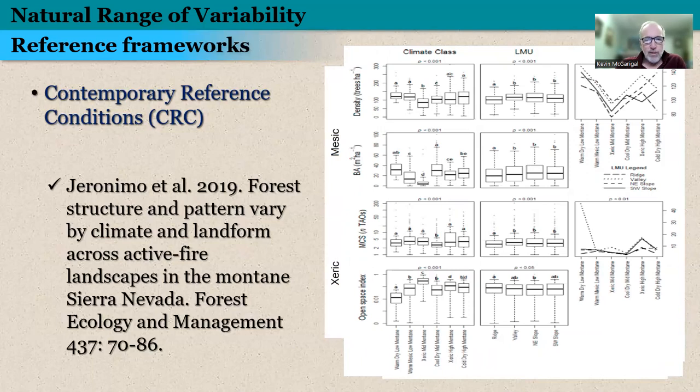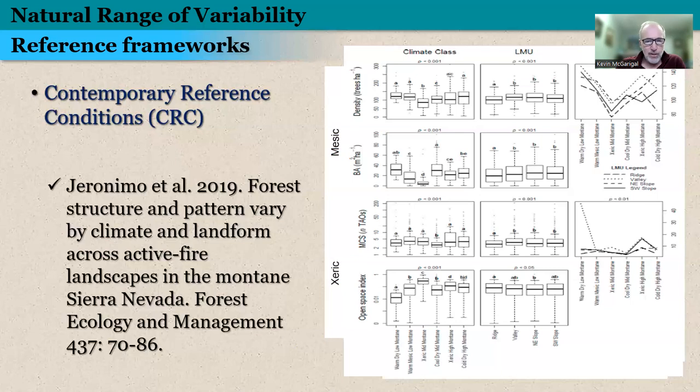And so for reference sites on each of the designated climate classes and on each of the designated landscape management units or terrain classes, they characterized the range of variability in each of several ecological attributes based on the LiDAR TAO data. As you see in this figure, they computed the range of variation in the density of trees, or more specifically, the density of TAOs, for each of the climate classes and LMU classes.